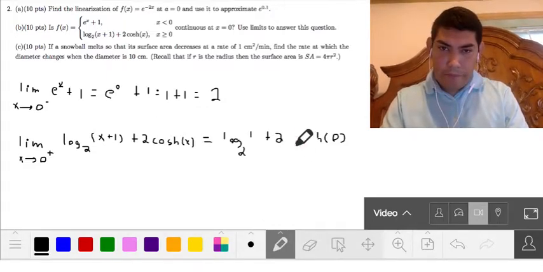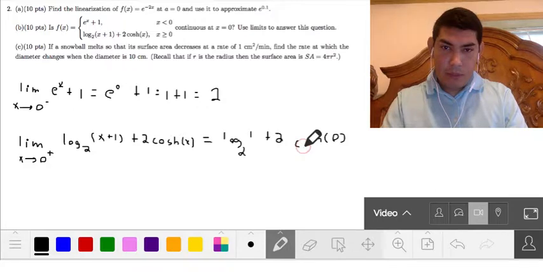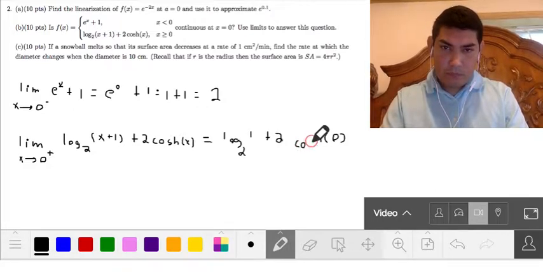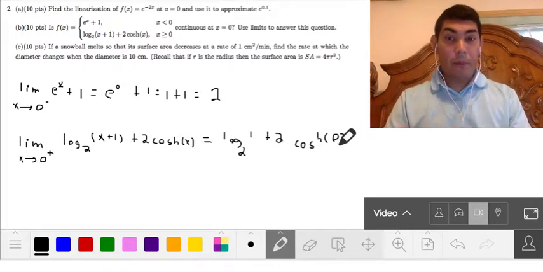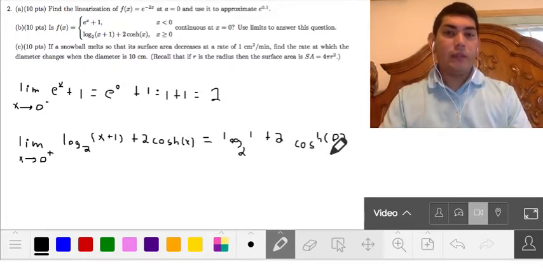Let me just make this clear. So the hyperbolic cosine at 0.